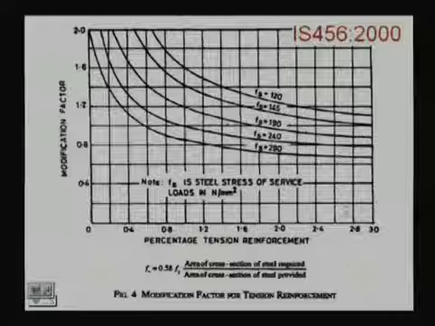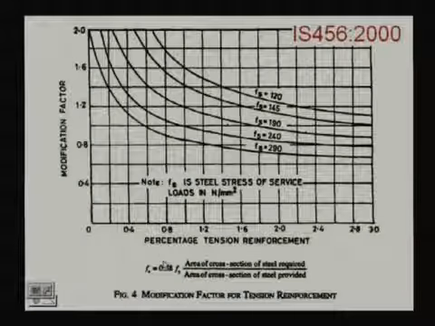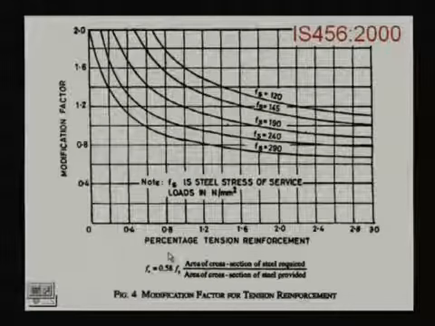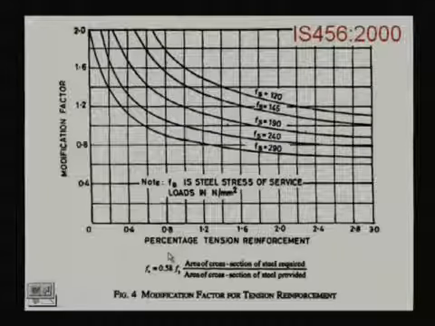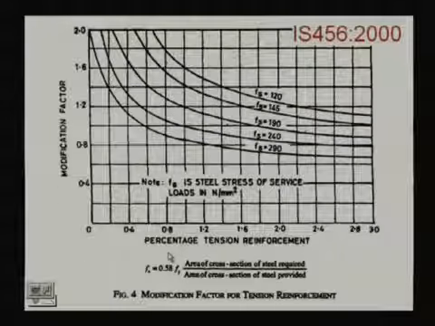Now if we come to figure 4 of IS 456-2000, we know this is 218 and the percentage of steel we are getting is 0.373.